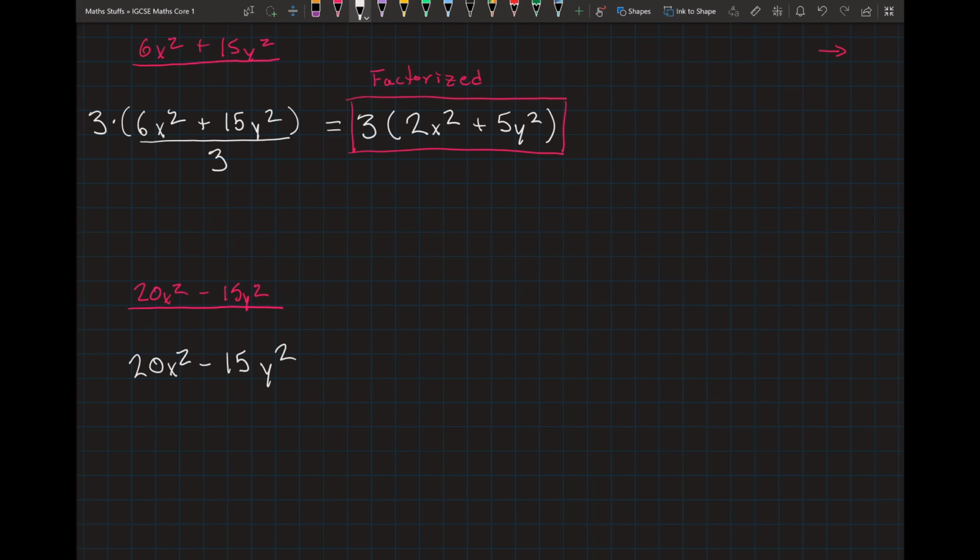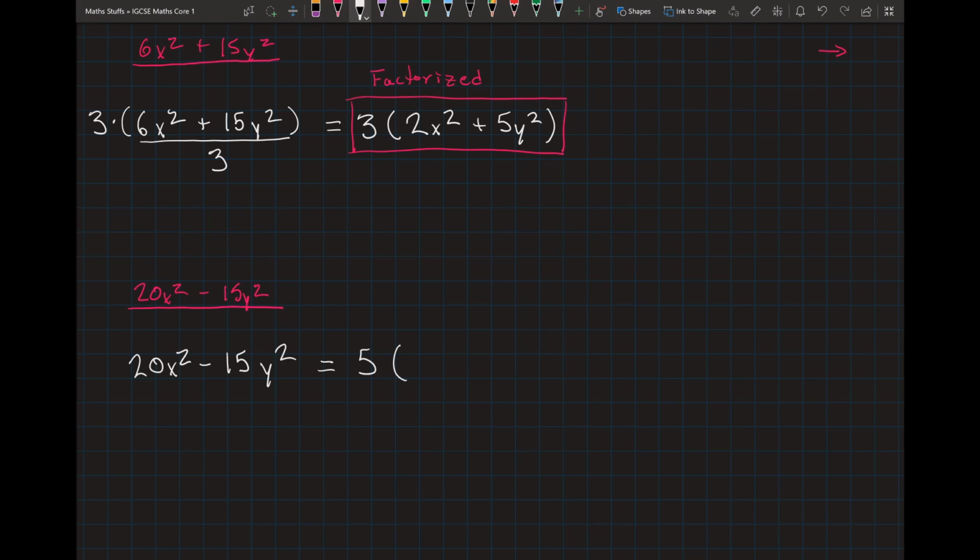I'm looking at these, and x and y are two different variables, so I'm going to ignore those for now. Then I'm looking at 20 and 15, and the common number between these two is 5, right? 20 is 4 times 5, 15 is 3 times 5. So I know I'm going to need a 5 on the outside. That's the common number between the two that I'm trying to pull out.